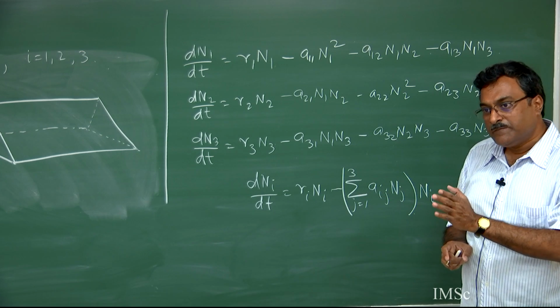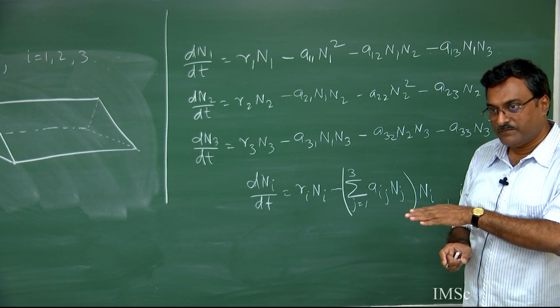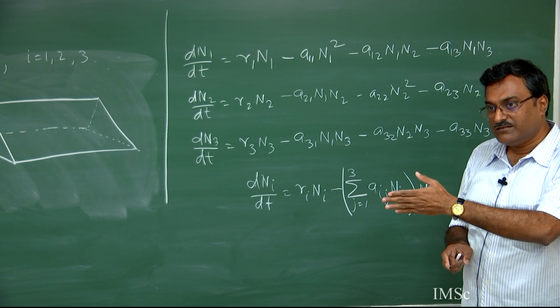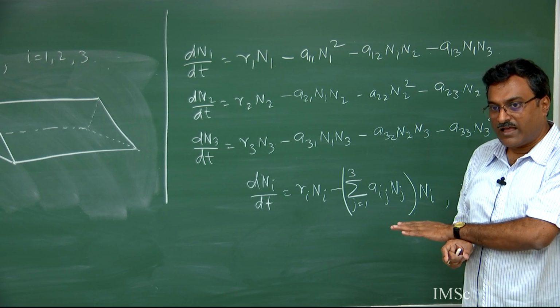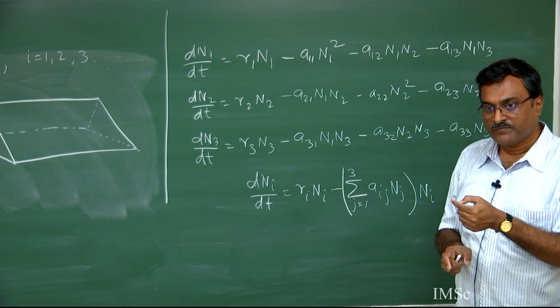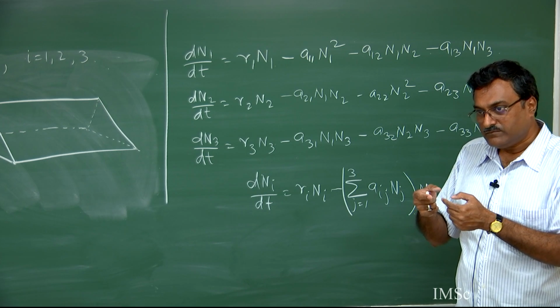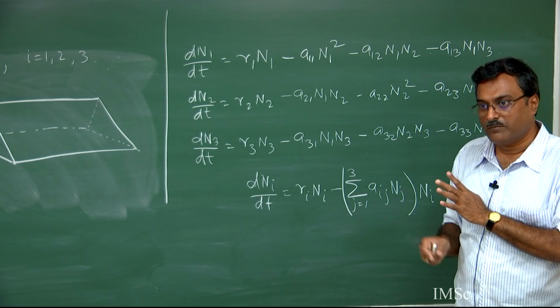That means the third species is a much weaker competitor compared to the first and second species, such that it will not be able to survive and will go to extinction, and you will have coexistence of the first and second species. Similarly, these kinds of situations can appear in the case of second and third, or first and third, combinations.